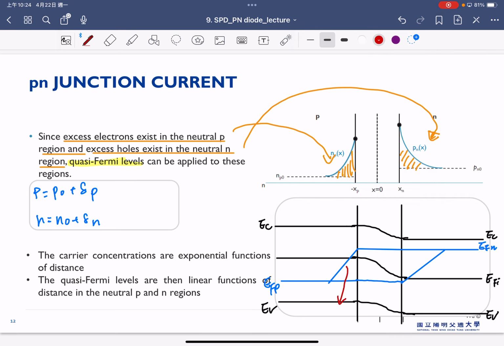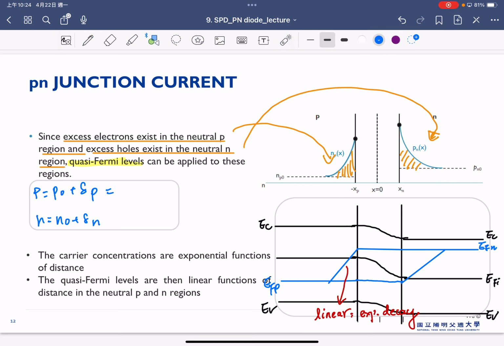So this linear is because we have the exponential decay in the minority carrier concentration. So once we have this band diagram, we can start to calculate the concentration.